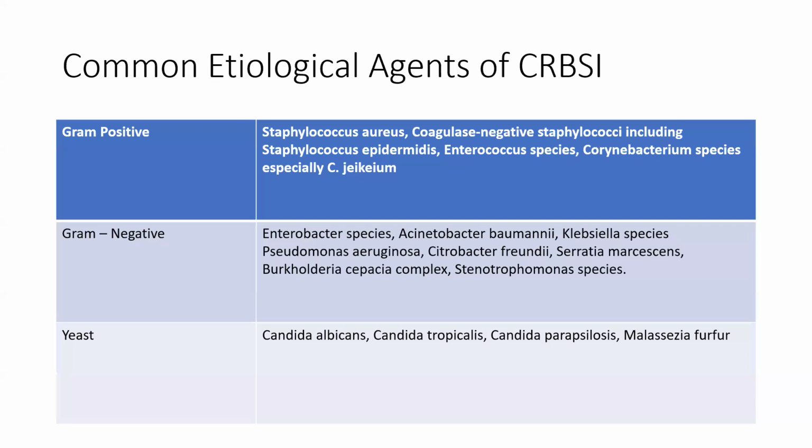So, common etiological agents of CRBSI. This includes gram-positive organisms like Staphylococcus aureus, coagulase-negative Staphylococci including Staphylococcus epidermidis, Enterococcus species, Corynebacterium species, especially Corynebacterium jeikeium. Then gram-negatives include Enterobacter species, Acinetobacter baumannii, Klebsiella species, Pseudomonas aeruginosa, Citrobacter freundii, Serratia marcescens, Burkholderia cepacia complex, Stenotrophomonas species.